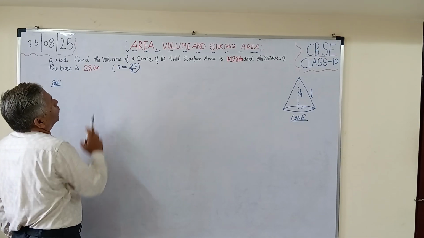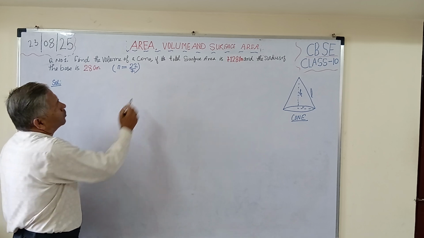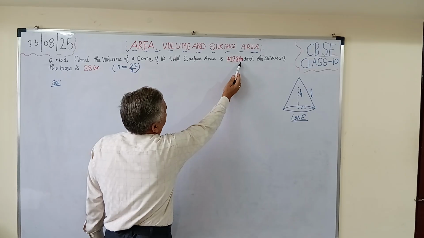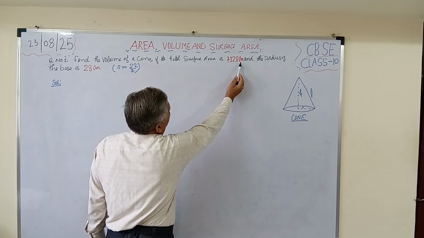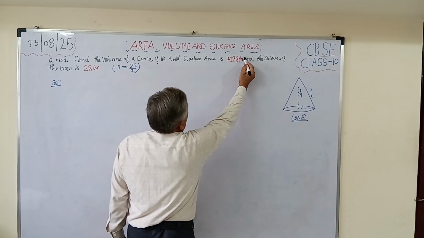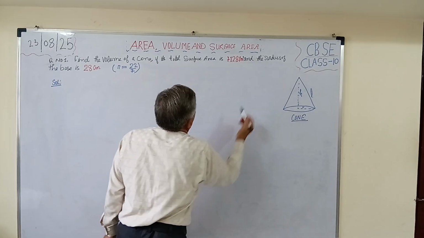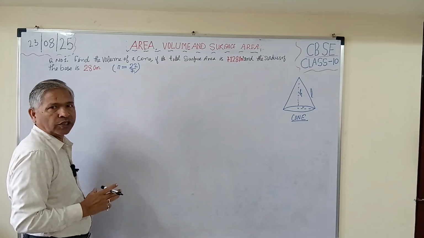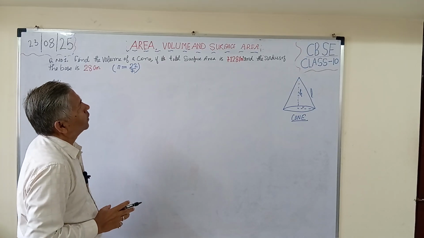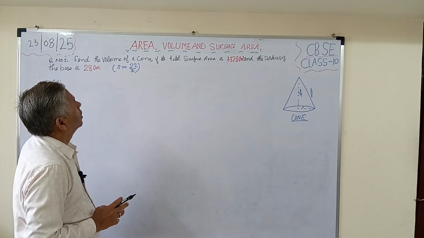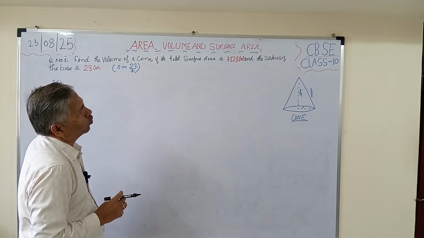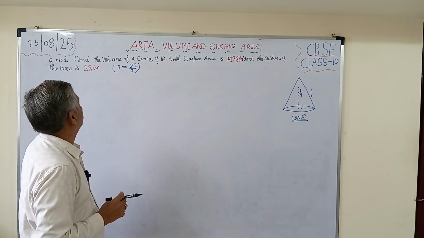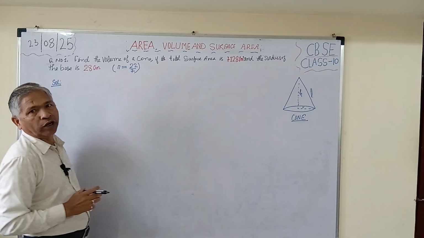Find the volume of a cone if its total surface area is 7128 centimeter square, and the radius of the base is 28 centimeter. So in this case, we have been given the total surface area of the cone and the radius of the cone. We have to find out the volume.